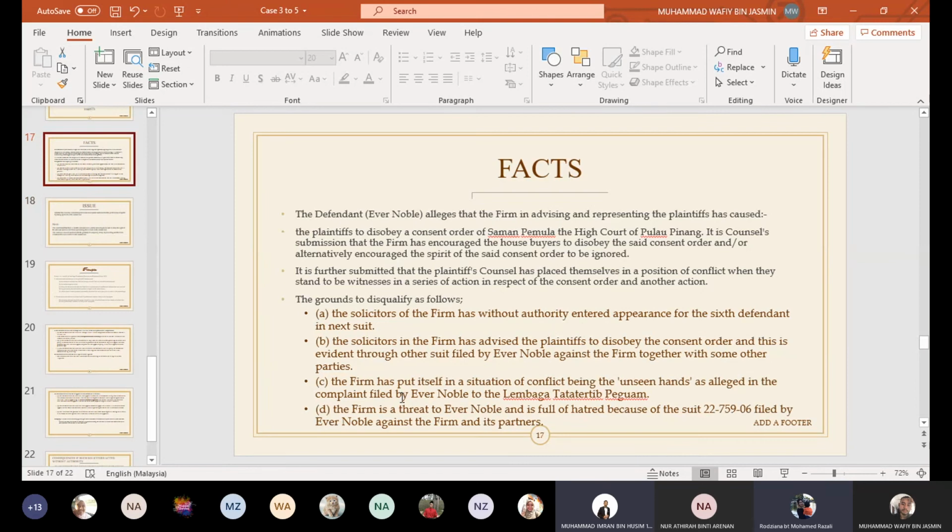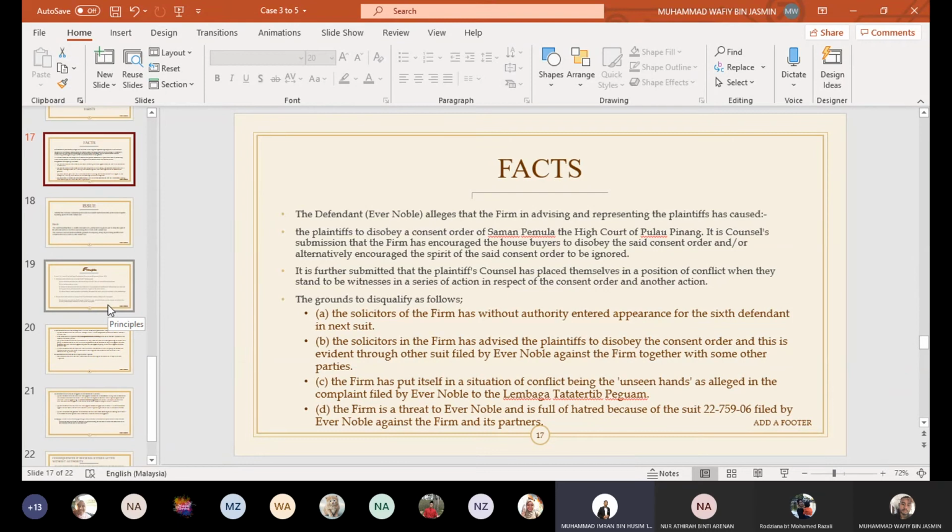Okay, in this case, Lau Yan Kui and Ever Nobel Sendirian Berhad, I will say that Ever Nobel is a developer and Lau Yan Kui is a firm representing the Persatuan Pembeli Rumah Kuda Lari. Both parties had a consent agreement and have already obtained a consent order.